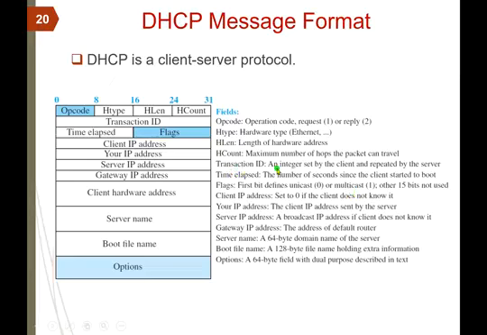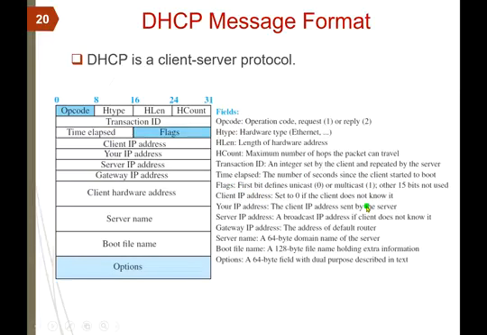The transaction ID is an integer set by the client and repeated by the server. So when you request an IP address, you set a transaction ID, an integer number, so that when the server replies, it will use the same transaction ID. Time elapsed is the number of seconds since the client started to boot.